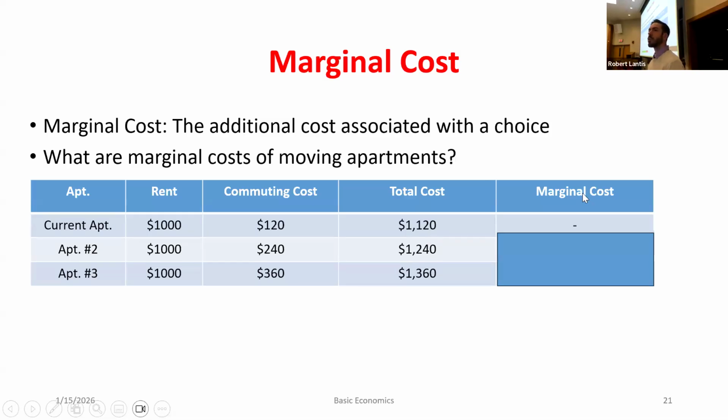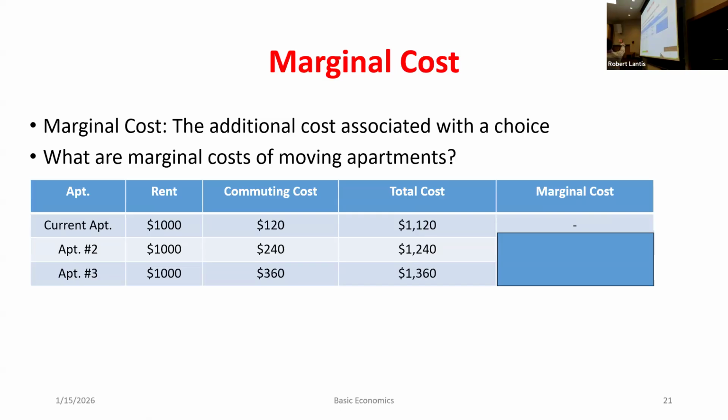That would be my marginal cost: the change in my cost if I decide to move from my current apartment to this other one. The reason is that if rent is the same but it's further away from campus, all I'm doing by choosing the apartment that's further away is increasing my opportunity cost. I'm changing my costs, so those are my marginal costs.